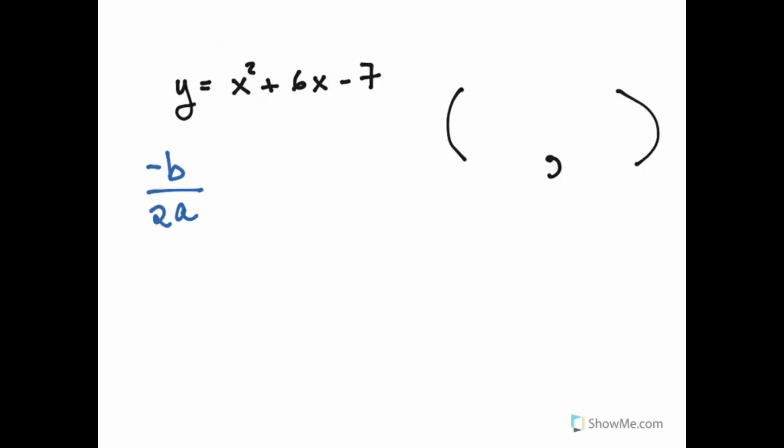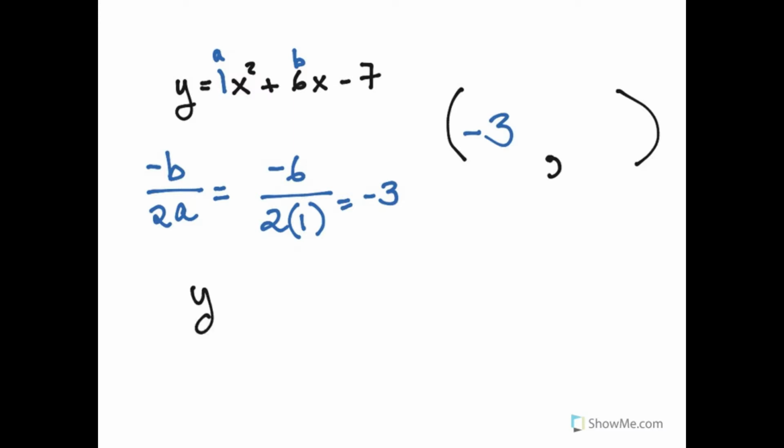Well, let's use that formula on the same equation and see what we get. B here is 6, so negative b is negative 6, 2 is a constant, and a is 1. So negative 6 over 2 is negative 3, and the x-coordinate of the vertex is negative 3. Now I just need to put negative 3 into the equation.